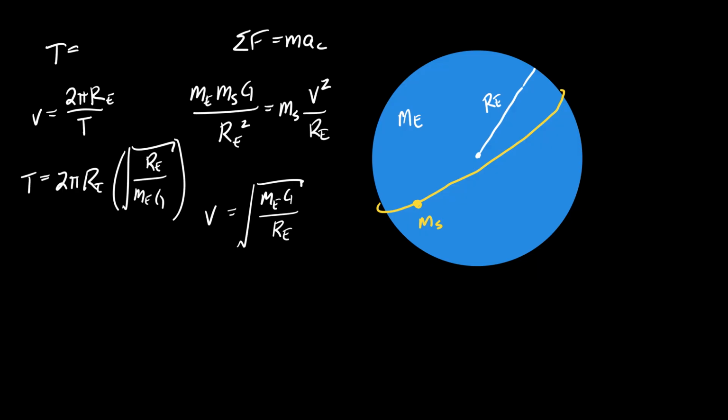And then take the RE and square it, so you can combine it with the other RE. And RE squared times RE is going to be RE cubed. That all right? No worries. No problem? First semester.